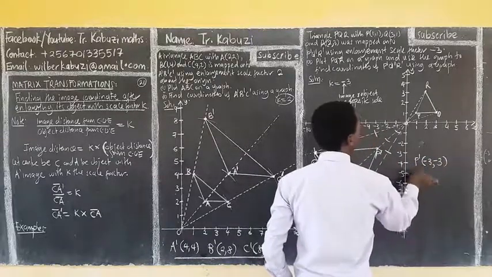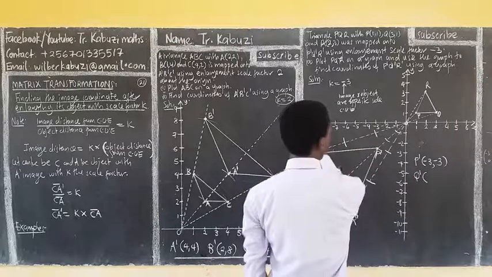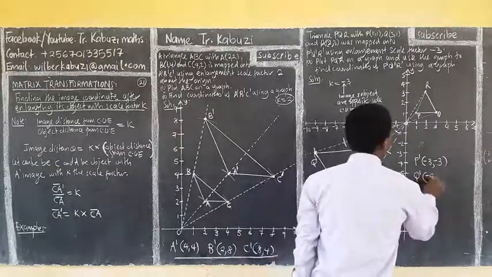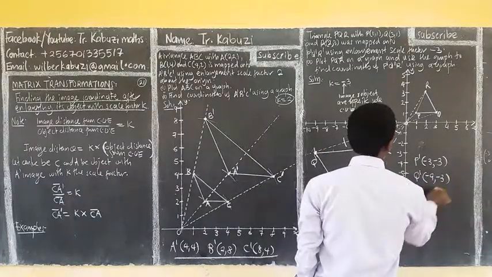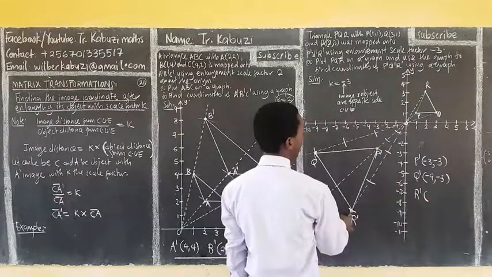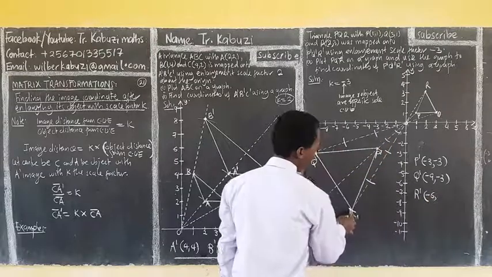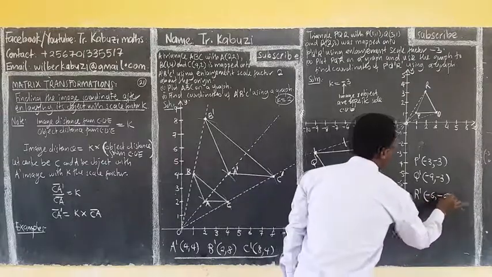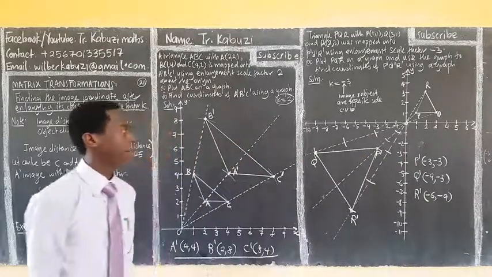For Q prime, my X is -9, comma, my Y is -3. For R prime, I read X first. X is -6, comma, then Y is -9. That's how we get the coordinates using the graph.